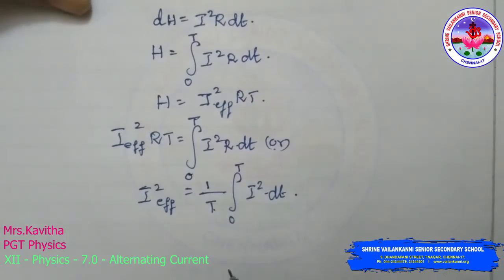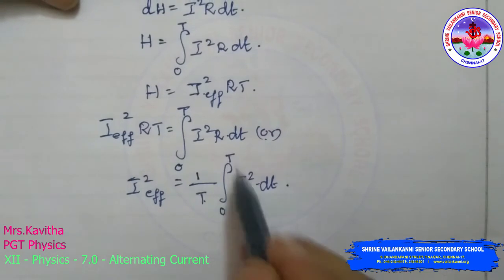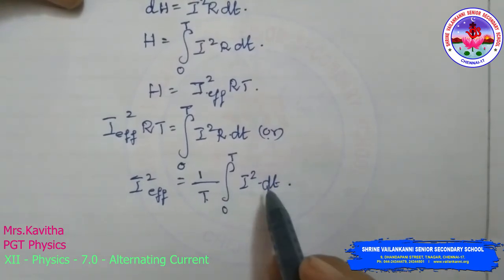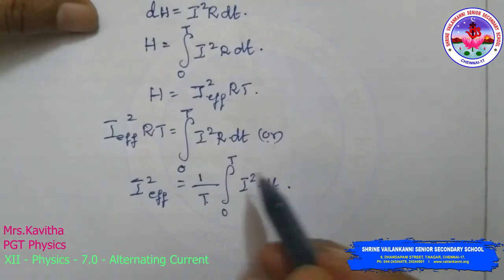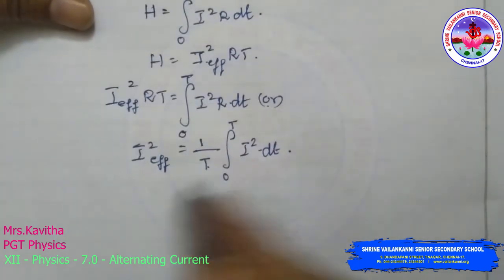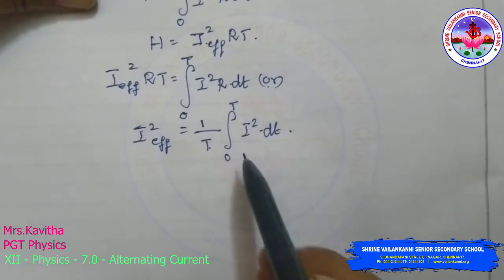But we know that 1 by T of this integration of I square dt means the mean of the squares of the instantaneous values for one complete cycle.